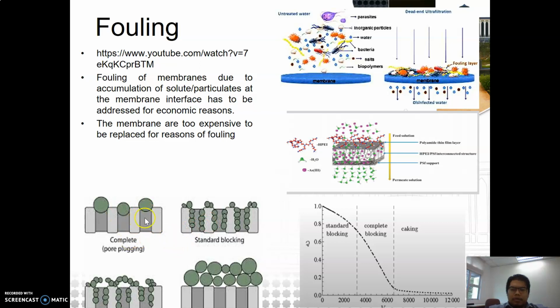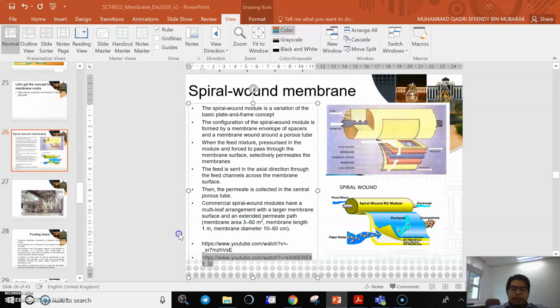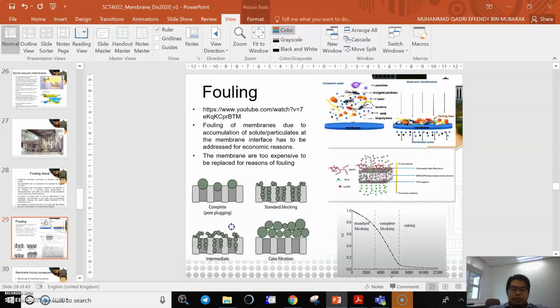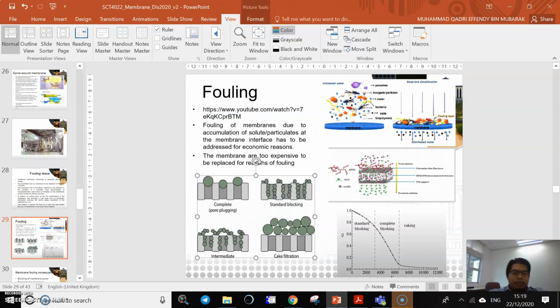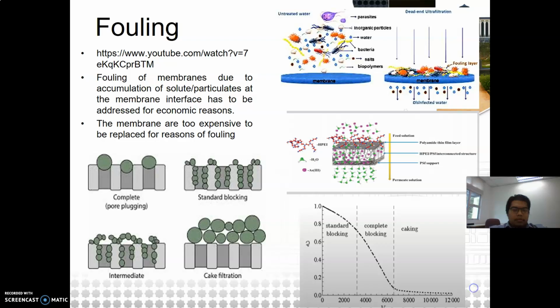Here is an example of the illustration of how the fouling occurs.